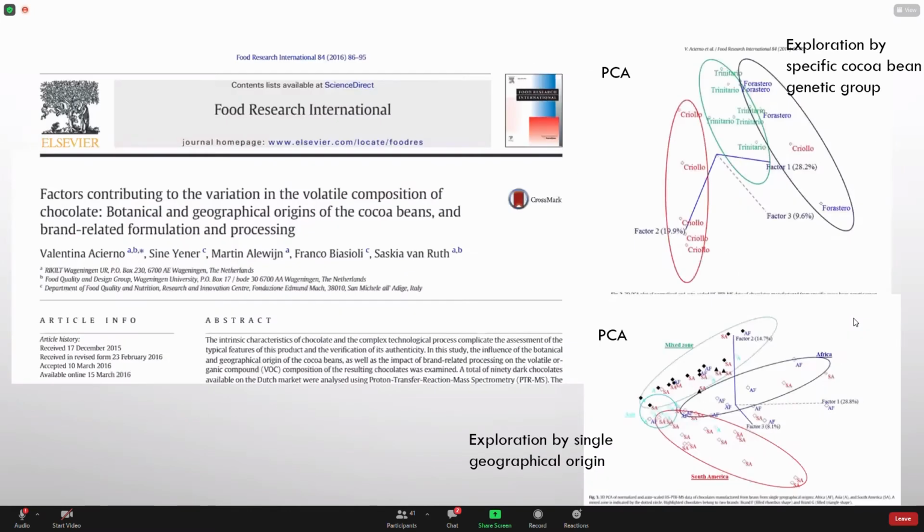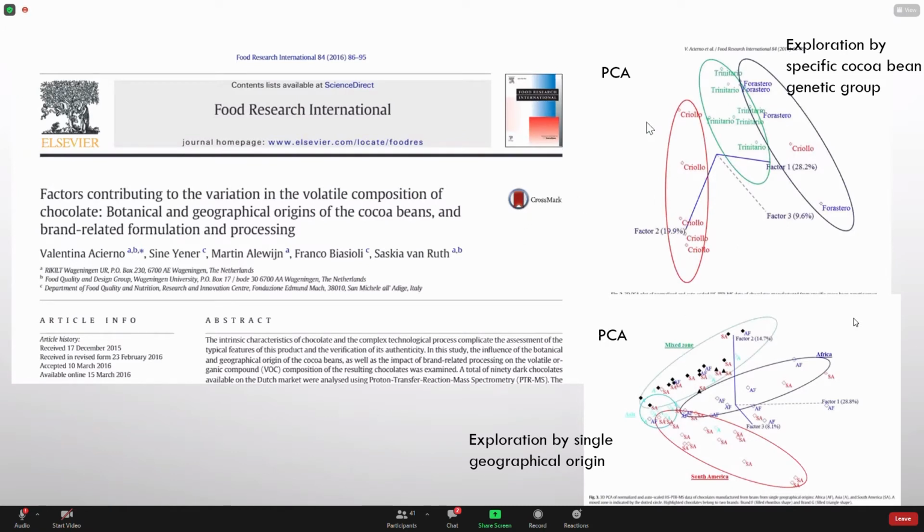So I have another example. This is one paper with the objective to use PCA or chemometric methods to see if there are differences between botanical and geographical origins of the cocoa beans in the branch-related formulation and processing. Here we have two analyses.